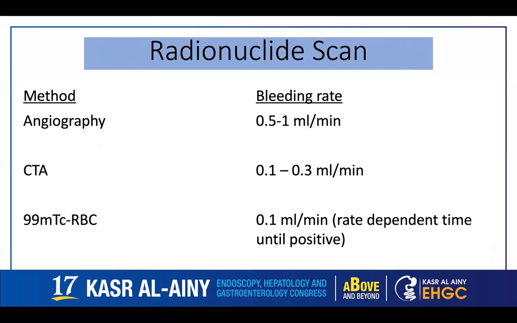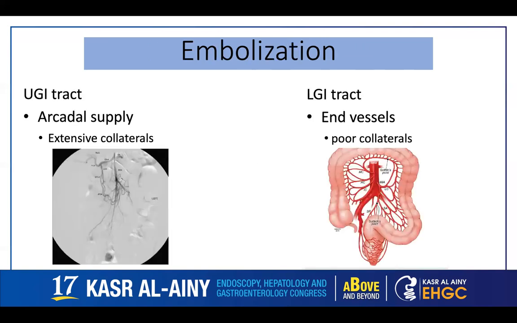It compares all three different modalities with the bleeding rate. Angiography can detect a bleeding rate between 0.5 to 1 millimeter per minute, while CT angio is more sensitive, 0.1 to 0.3 millimeter per minute, and technetium-labeled RBCs 0.1 millimeter per minute, and it's rate and time dependent, so we take delayed pictures until it's positive. So this is very sensitive. However, it's not available in all centers or hospitals.